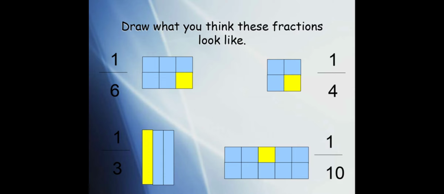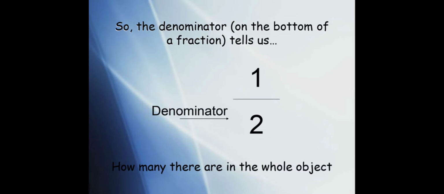Basically it includes the equal parts of the figure. The denominator at the bottom of the fraction tells us how many equal parts there are in the whole object.